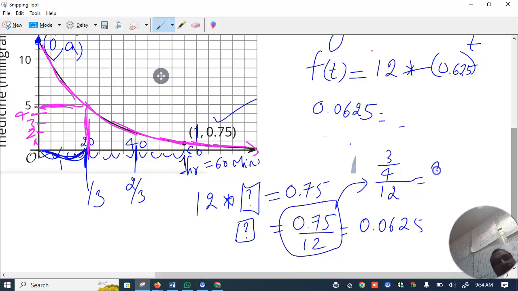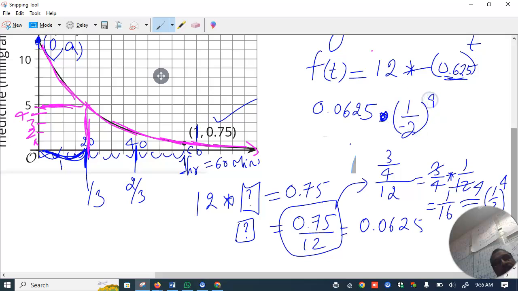Keep, change, flip, and you get 4 over 4 times 12, so there are two 4s, giving 1 over 16. And that 16 is half raised to 4. So this piece that you see is half raised to 4, and this is t.